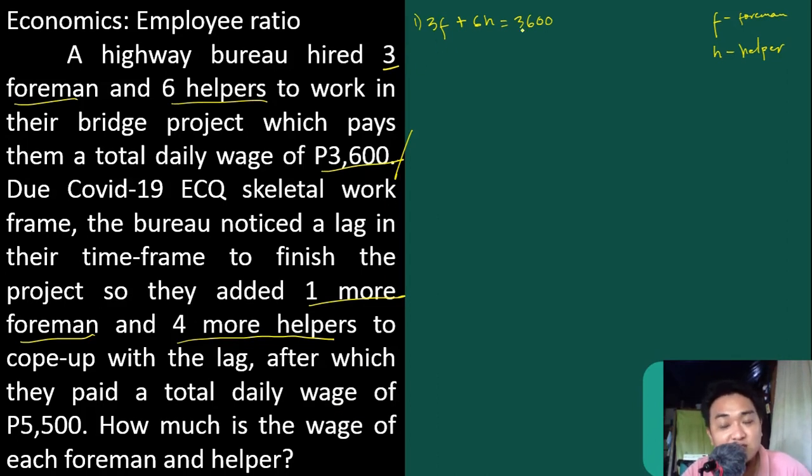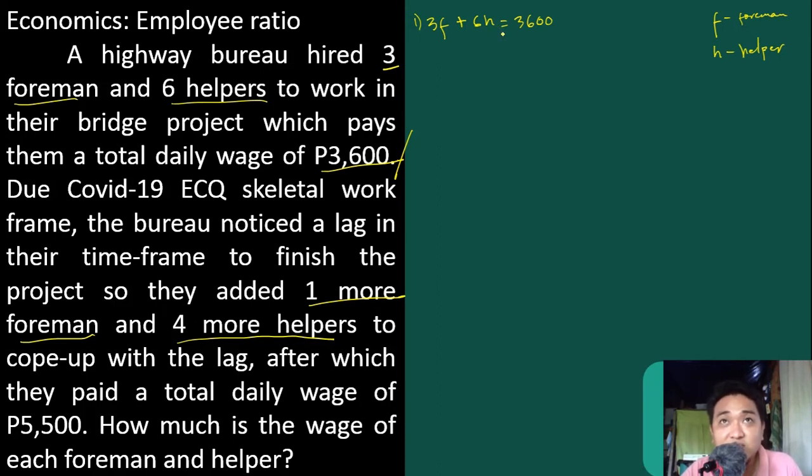Again, katulad din nung ginawa natin sa una, we are going to express the total daily wage as the total wage of the foreman plus the total wage of the helpers. At para makuha natin yung total wage ng foreman, we multiply the wage and the number of foreman. The same goes with helpers.